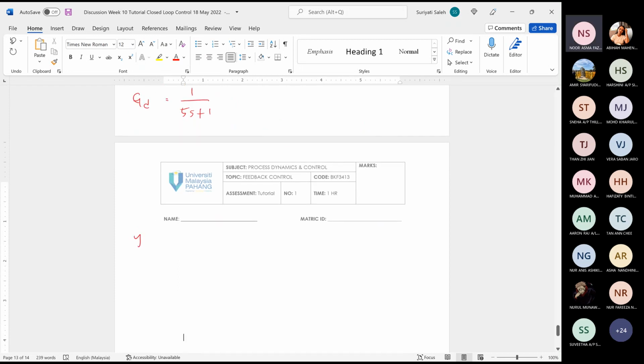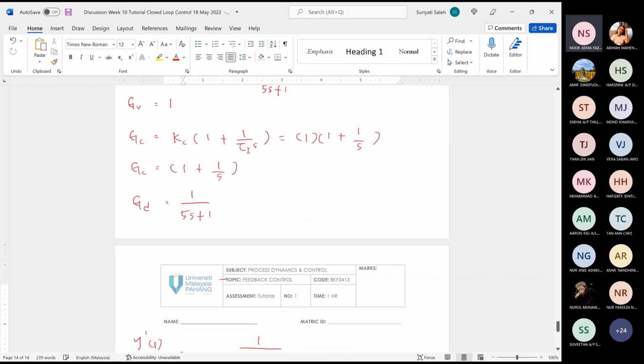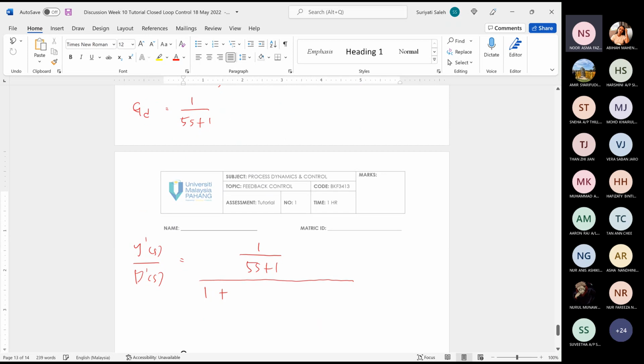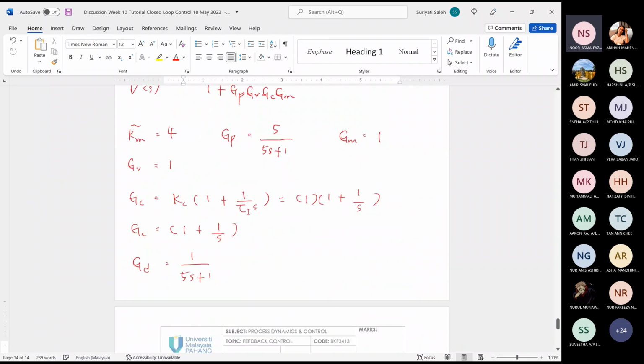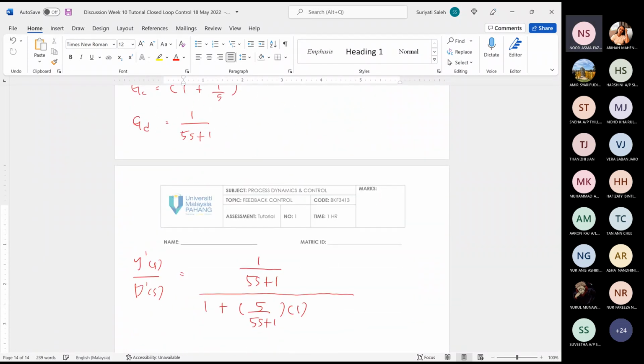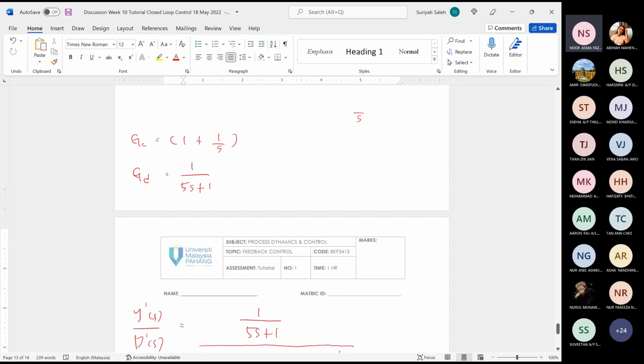So we have Y prime S over D prime S equal to GD, which is 1 over 5S plus 1, divided by 1 plus GP, where GP is 5 over 5S plus 1, the GV equal to 1, the GC 1 plus 1 over S, and then the GM equal to 1.